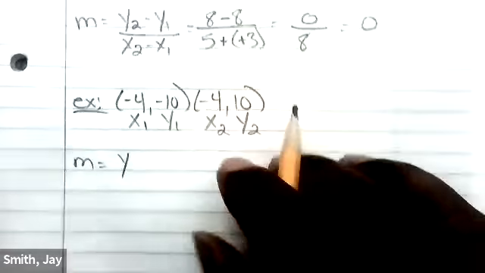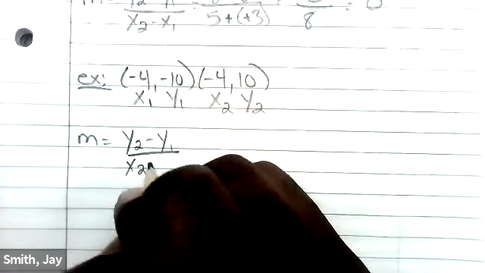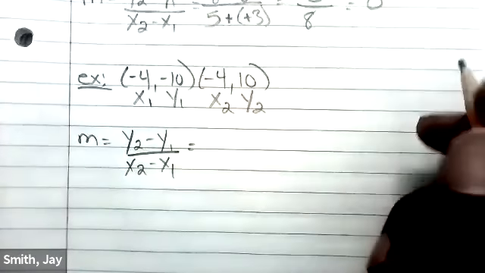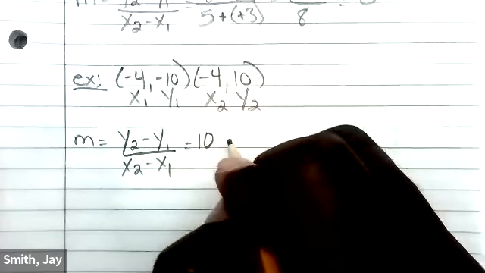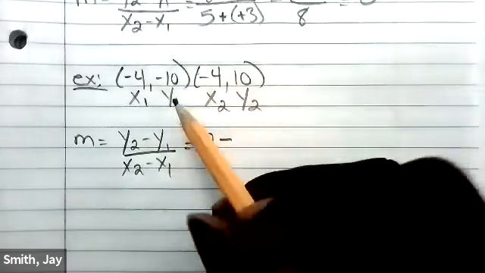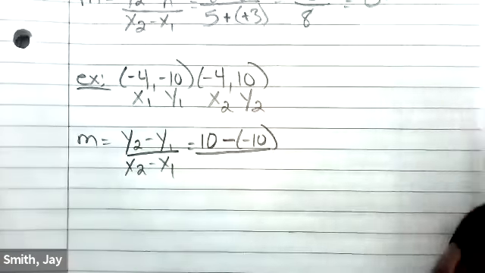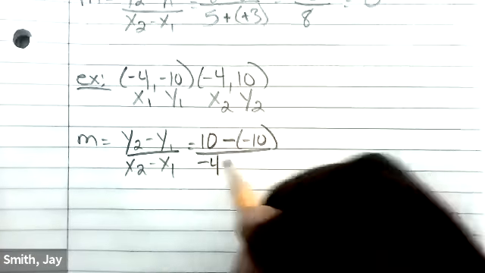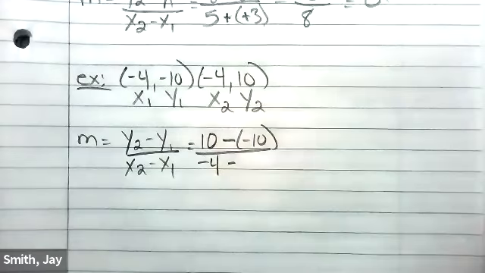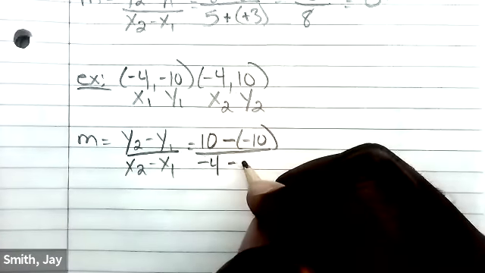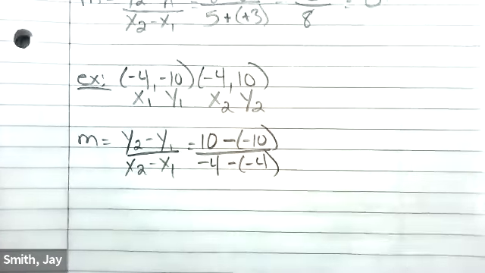The slope formula, y2 minus y1 over x2 minus x1, y2, 10, minus y1, negative 10, divided by x2, negative 4, minus x1, also negative 4.